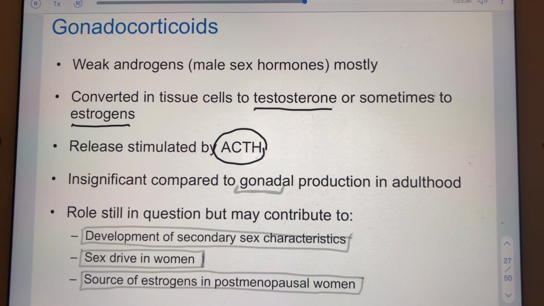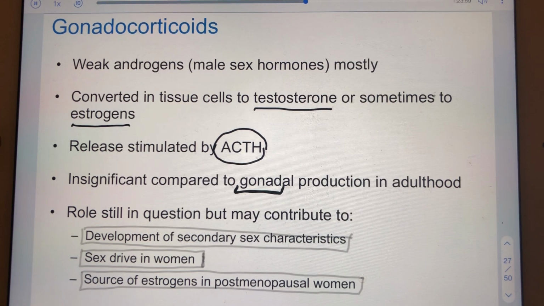And the amount of sex hormones that we make via the adrenal gland is fairly minor, fairly insignificant compared to the sex hormones that we make via our gonads, at least from puberty on, okay?